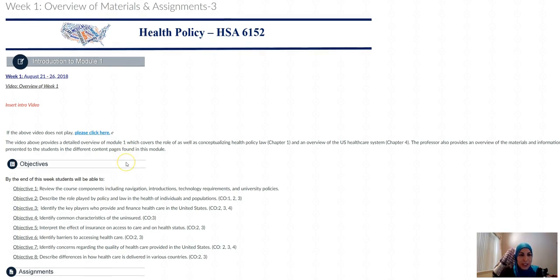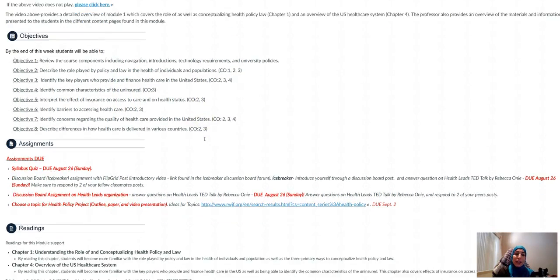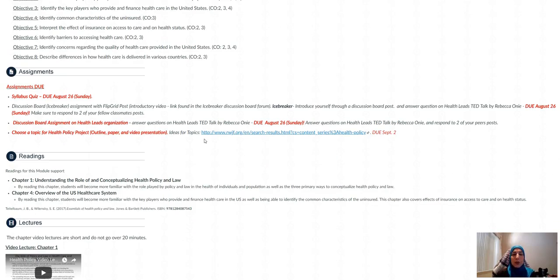All right, so as you can see, I am on the first content page of the module. We have the objectives that are listed, and below that are the assignments that are due. You will always find the assignments that are due on the first content page of the module, and you'll also find a layout of the course in the weekly course schedule.